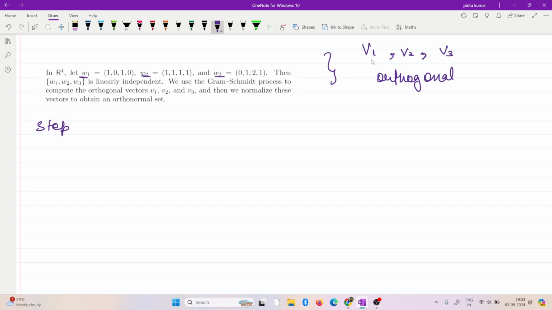So step one would be to assign V1 equal to W1. So V1 now becomes (1, 0, 1, 0).